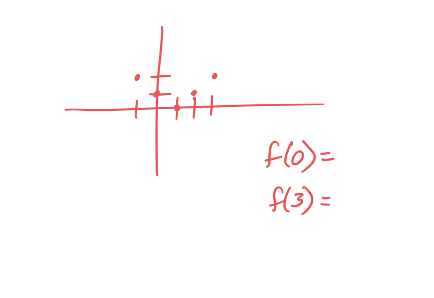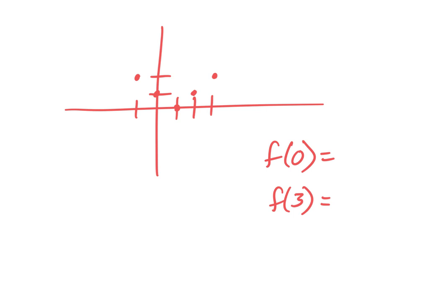We already asked this question earlier in the lesson. But when I asked you earlier, we were given an equation or a function, right? And it said, okay, here's the equation. So all we had to do was take 0, plug it into the equation, and we got our y value, right? Well, we don't have an equation here. All we have is some ordered pairs. So we need to figure out what y value is going to be associated with an x value of 0.